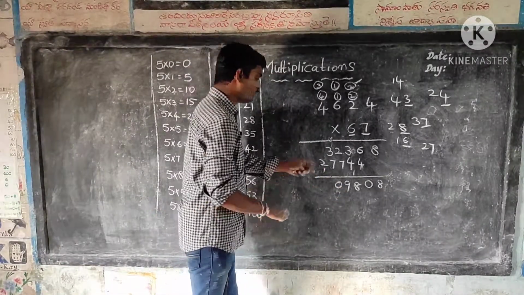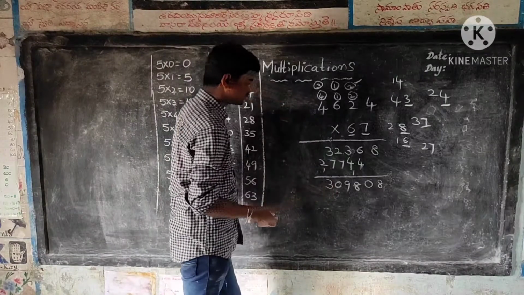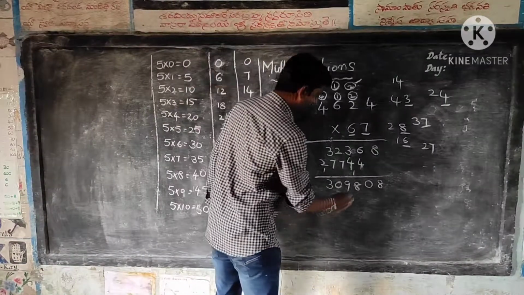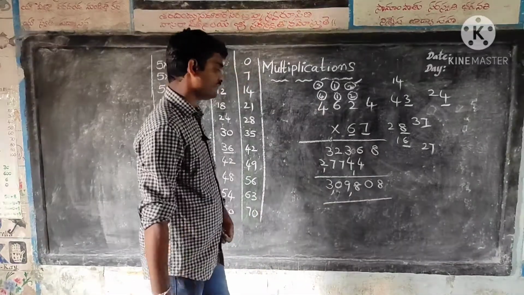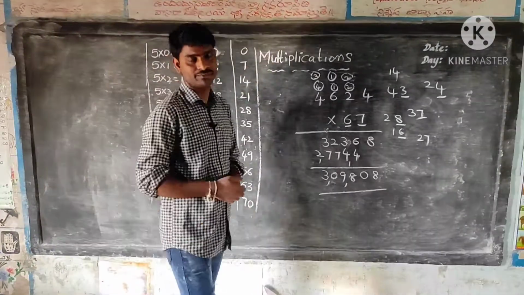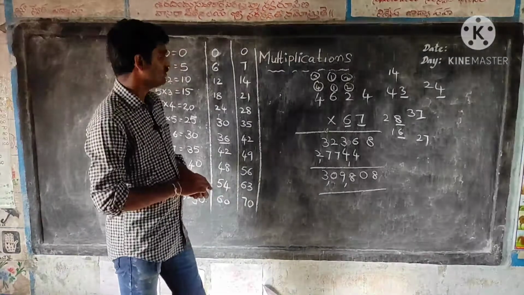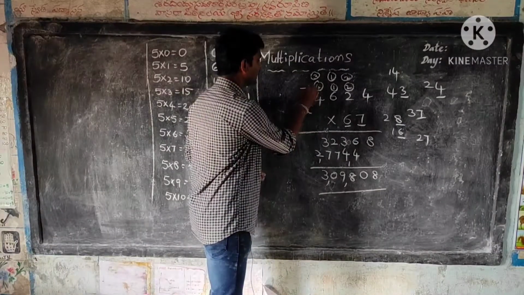And 1 is carried. 2 plus 1, 3. So our answer is 3,09,808.